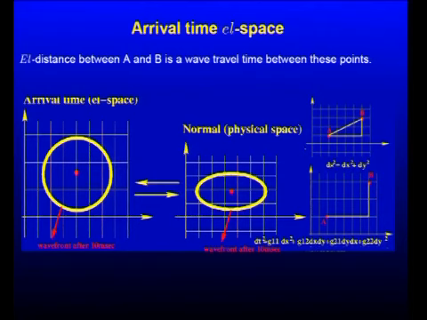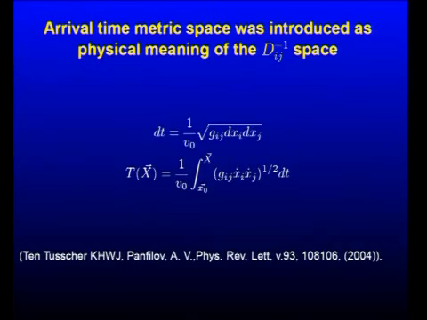For example, this shows an isotropic simulation, and these points after 10 milliseconds of wave propagation are, in terms of electrical distance, all 10 milliseconds away from the initiation point, and therefore we get a circular shape in this space. However, of course, we need to pay for this: now distances in this space cannot be measured using the simple Pythagorean theorem, and we need to use something more difficult, which involves the so-called metric tensor of this coordinate system, which of course is closely related to anisotropy.